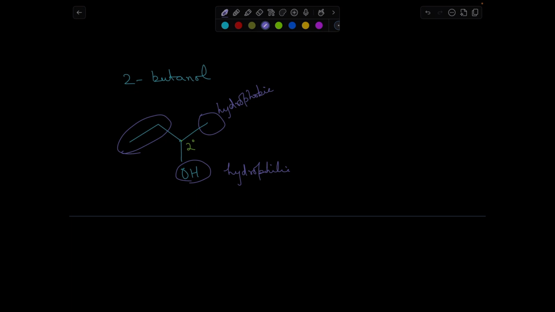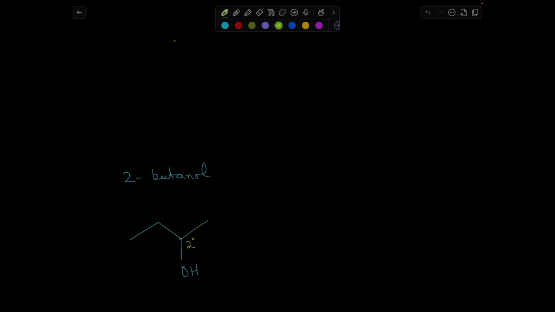However, the hydrophobic portions can come in the way, inhibiting the formation of hydrogen bonds, leading to secondary butanol being insoluble in water, and so it's also insoluble in aqueous solutions of HCl, sodium hydroxide, and sodium bicarbonate.